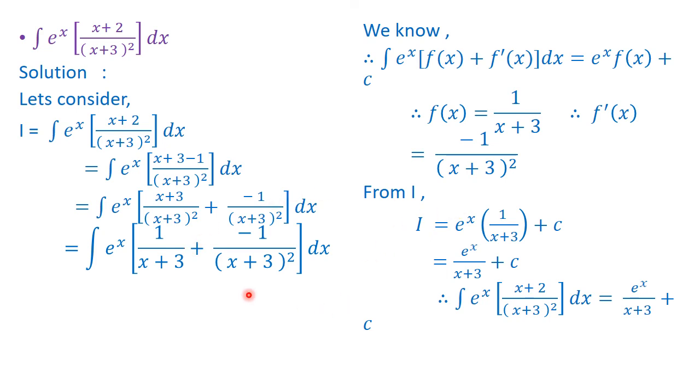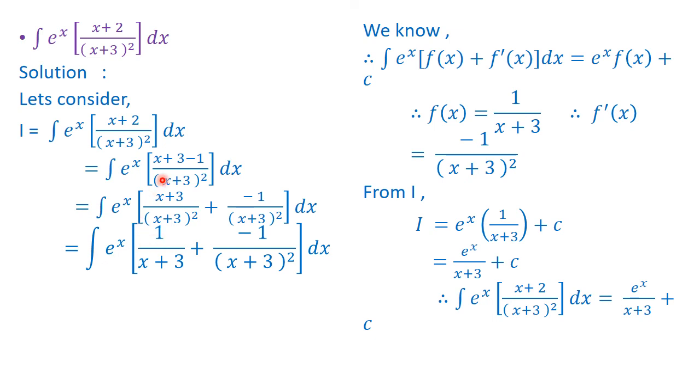So this is the standard form, and hence by using the corollary or this result, the integration of this function is simply e raised to x into f x, that is 1 by x plus 3, plus c. Therefore, integration of e raised to x into (x plus 2) by (x plus 3) whole square dx is equal to e raised to x by (x plus 3) plus c, that is the constant of integration.